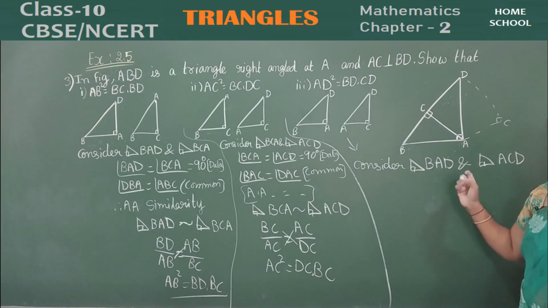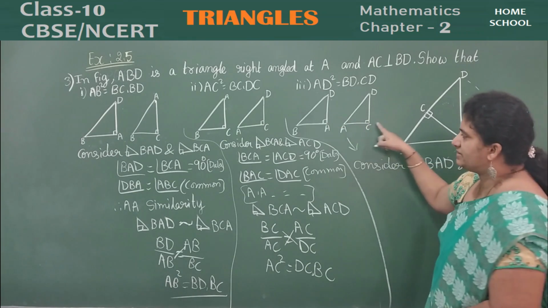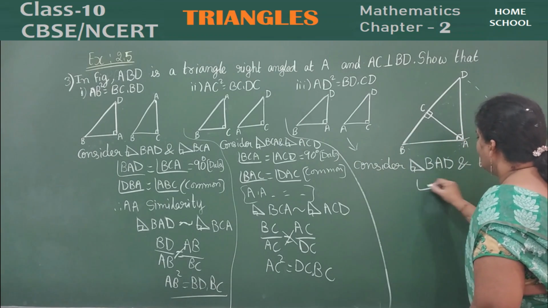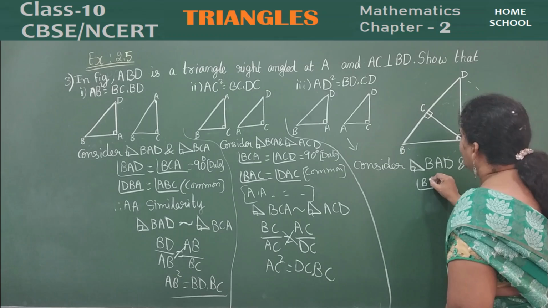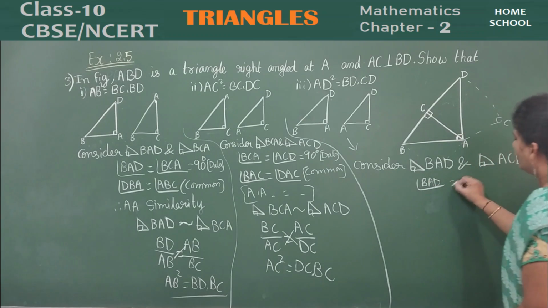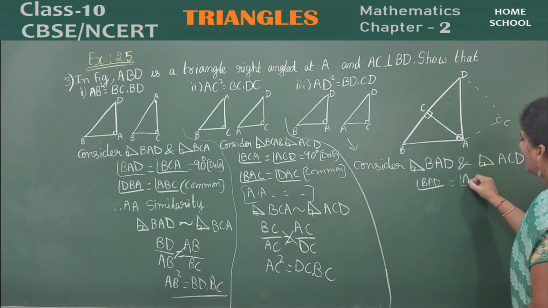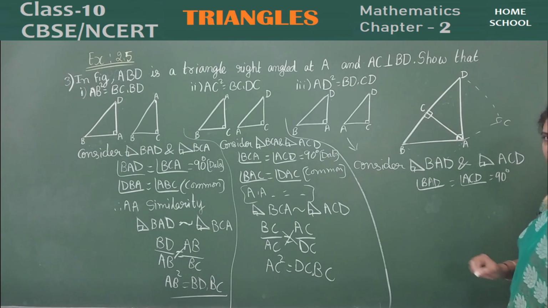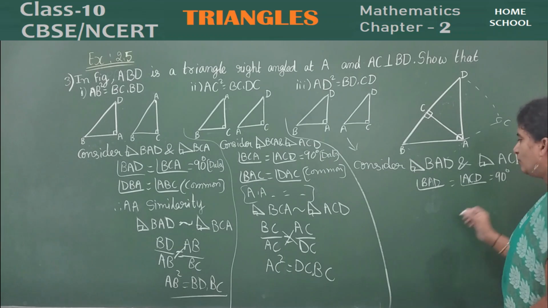Okay, so same manner, this right angle and this common. So write that one. Angle BAD is equal to angle ACD, that is equal to 90 degree. Okay, by the given data you can write.